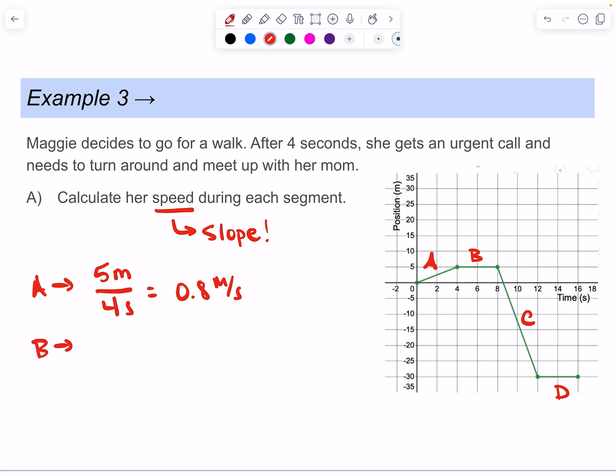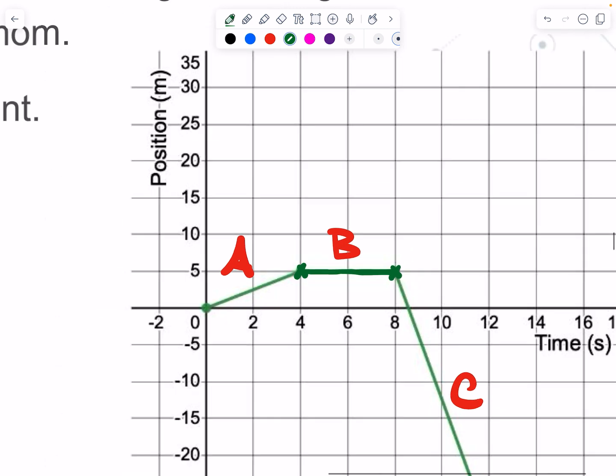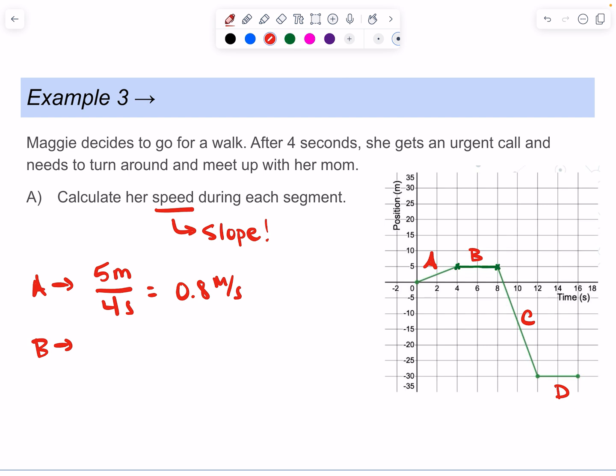Now in segment B, we see it's a nice flat line. That tells me that she got her call from her mom at 4 seconds, and she didn't leave that 5 meter mark for that entire 4 second time period. So if we see a slope of 0, that means we have a speed of 0 meters per second. Now with segment C, she's going from 5 meters to negative 30 meters.